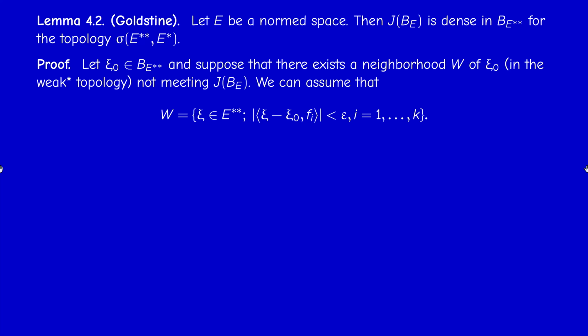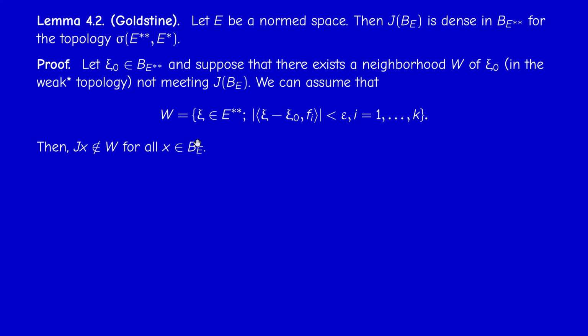Now, of course, from the definition of the weak star topology, this neighborhood contains a basic neighborhood of this form. Here, instead of xi, you take fi, because this is the weak star topology on the bidual. So this basic neighborhood W is the set of all xi in the bidual such that the absolute value of xi minus xi0 evaluated at fi, for finitely many i, is less than epsilon.